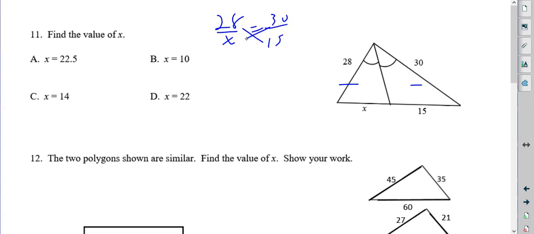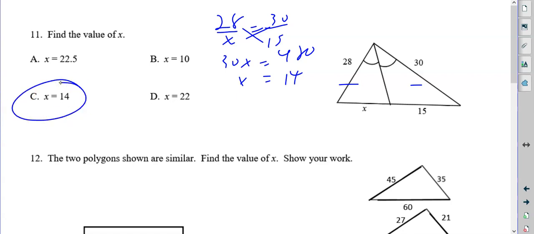Now we're going to multiply and get 30x equals 15 times 28, which is 420. And if we divide by 30, we get 14. Okay, and that's our answer C. Now, if you would have noticed that 15 is half of 30, then you would have known that x would be half of 28.